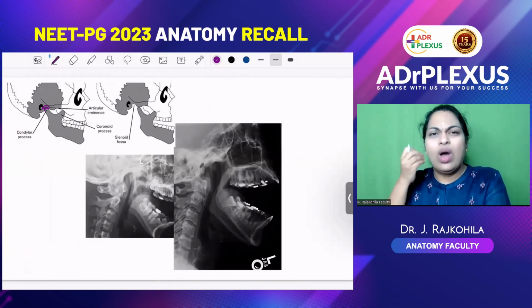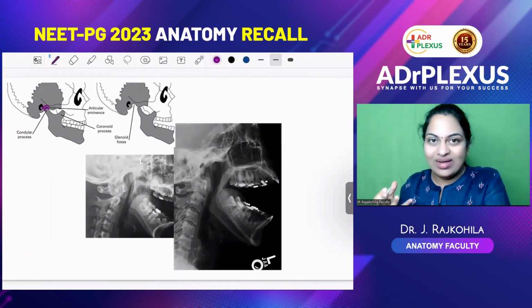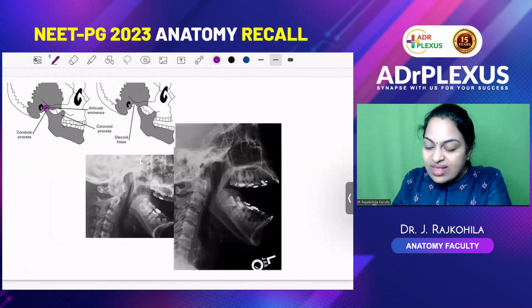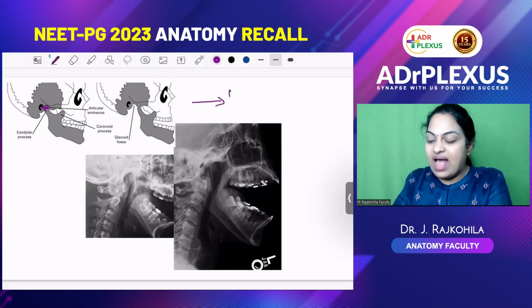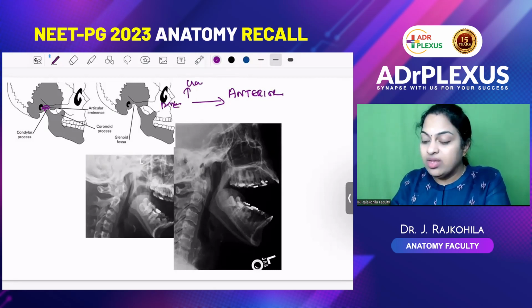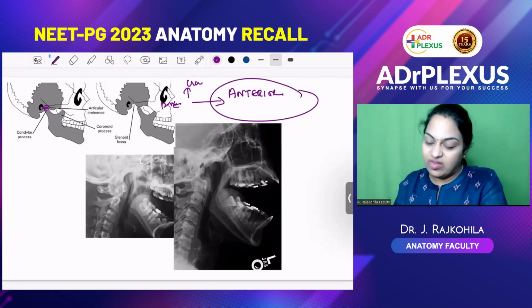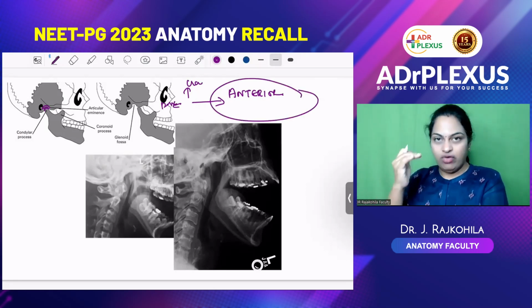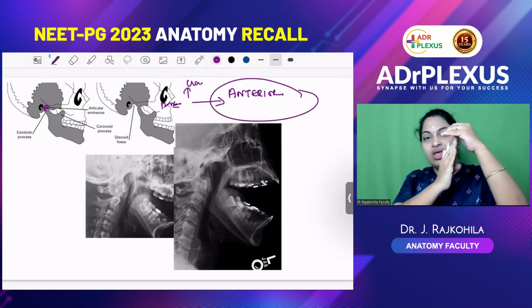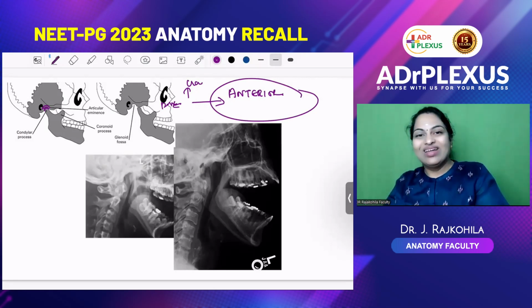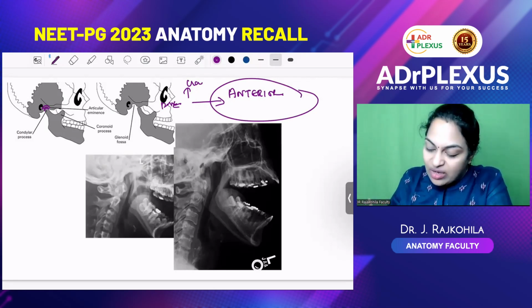What happens when you wide open your mouth as you yawn? This can dislocate. The most common dislocation is anterior dislocation. A cranial dislocation and posterior dislocation can happen, but the most common is anterior dislocation, where from the glenoid fossa, it's going to come forward and it gets stuck onto this articular eminence that you see here.